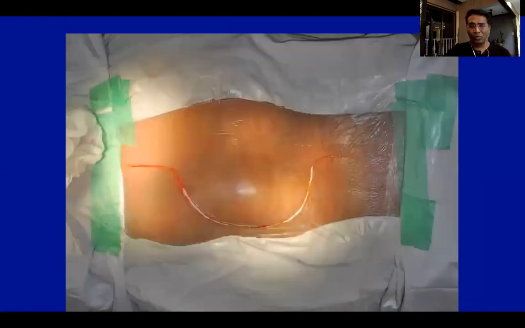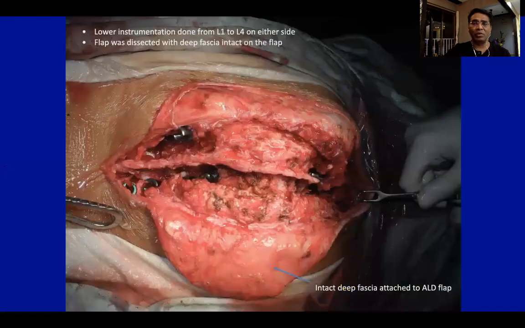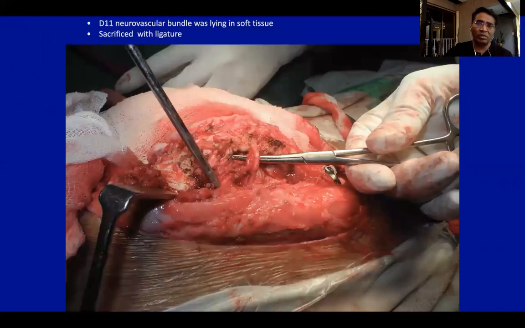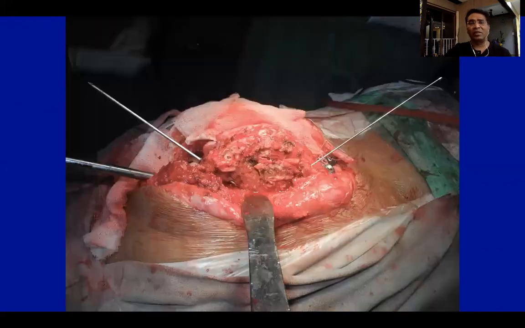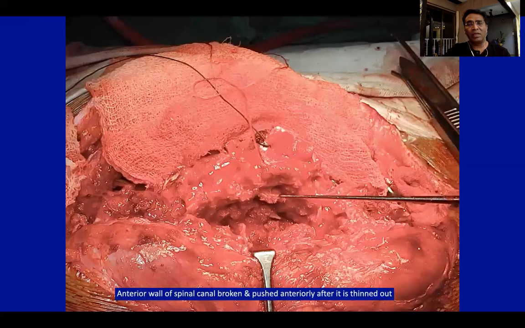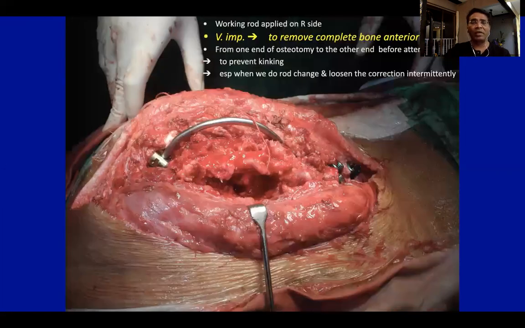So that was her positioning. We use the same incision, exposure, instrumentation. This was the reformed rib, which was excised. This was the neurovascular bundle, which was excised, and then the lateral aspect was exposed. And yeah, that was the internal gibbus, which we started excising, and that was the last part of the posterior part of the vertebral body, the internal gibbus, which is excised, and the cord lying free.